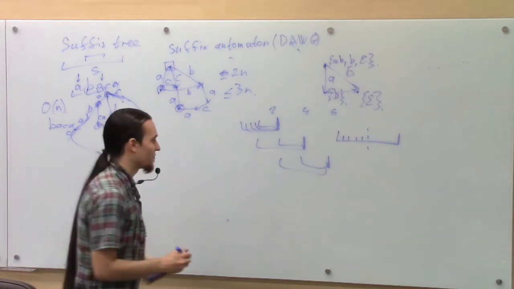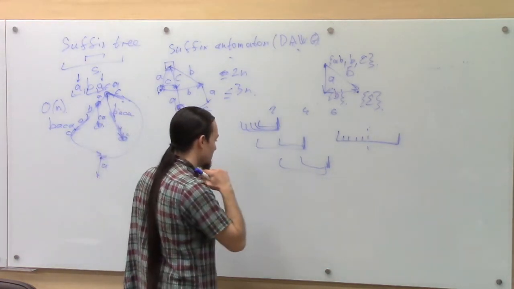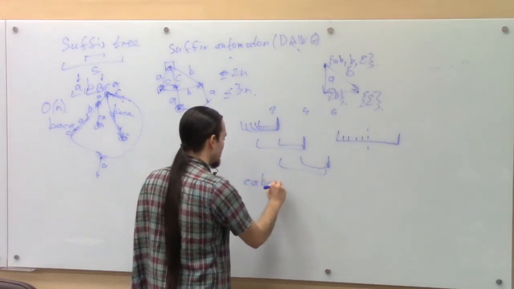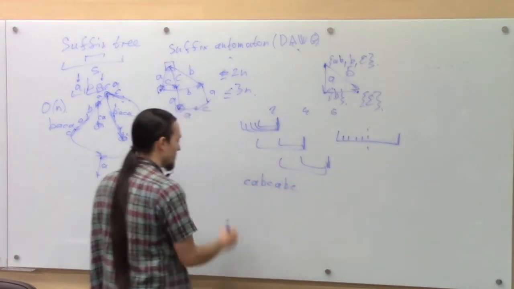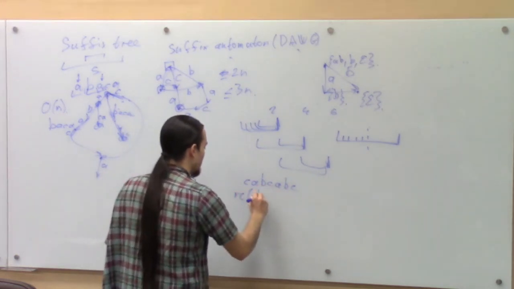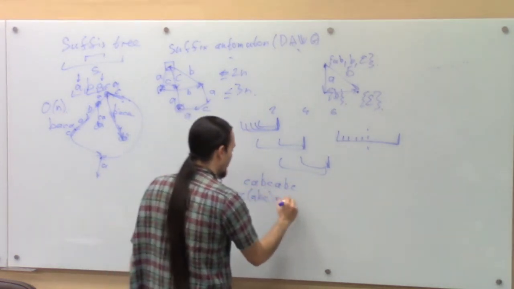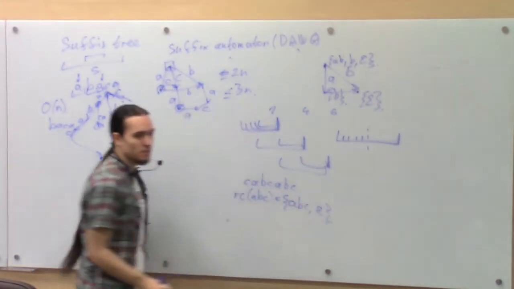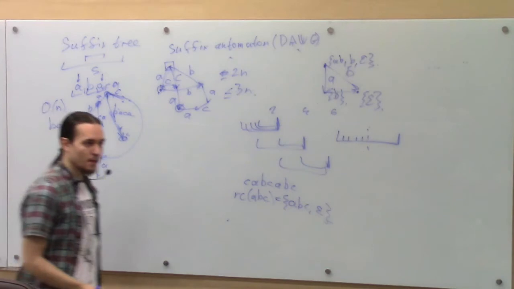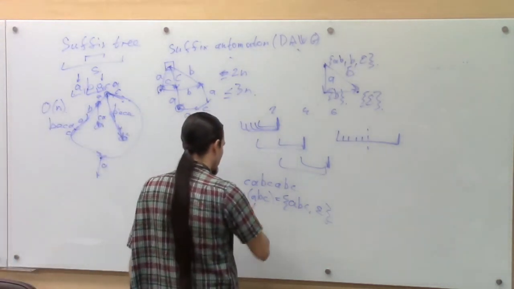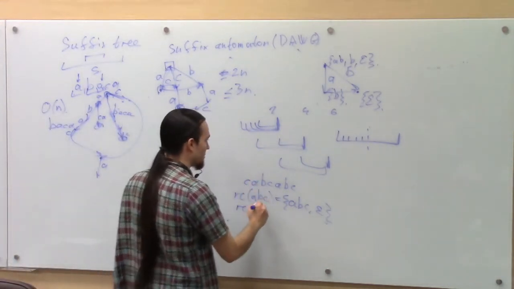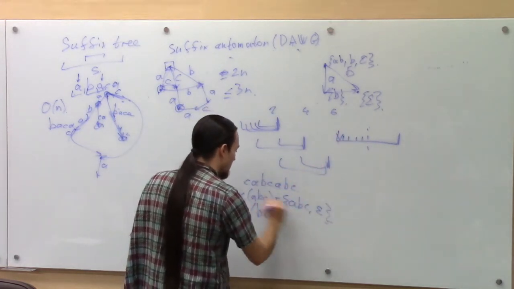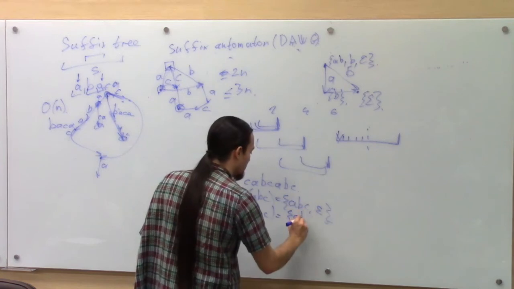For example, if we have the string CABCABC, and we look at the right context of ABC, the right context of ABC is ABC and epsilon. Then the right context if you erase the first letter, so it's BC, is again the same thing.